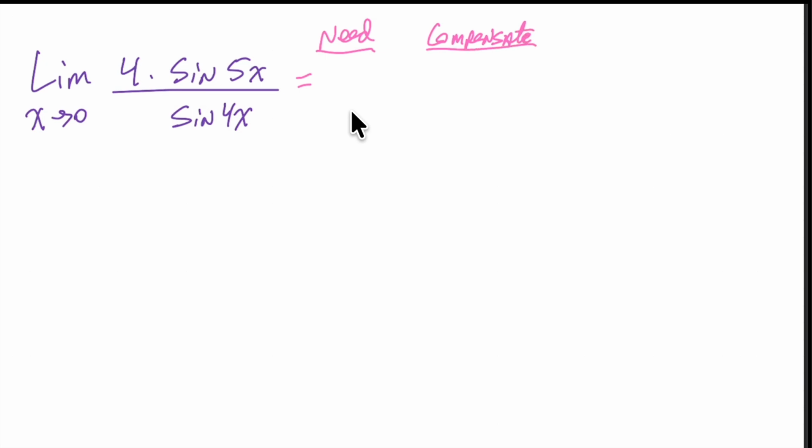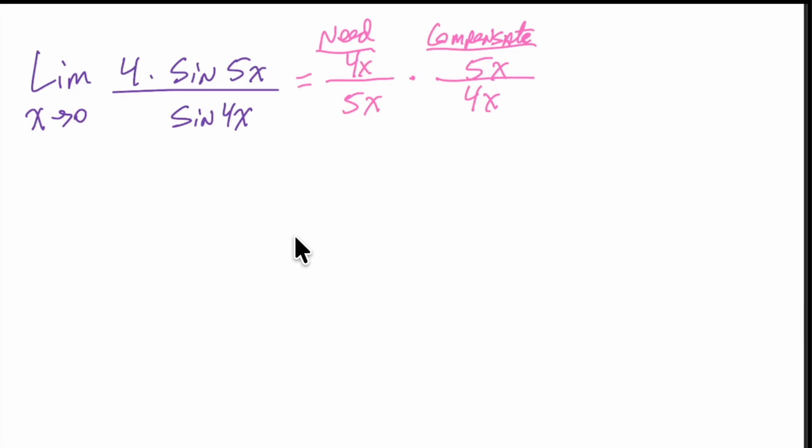Okay, so we see we have sine of 5x in the numerator. That means we would love to have 5x in the denominator. So let's compensate by putting 5x in the numerator. With 4x on the bottom, we would love to have 4x on the top. So let's do the same thing, put it on the bottom. So I think that does it.